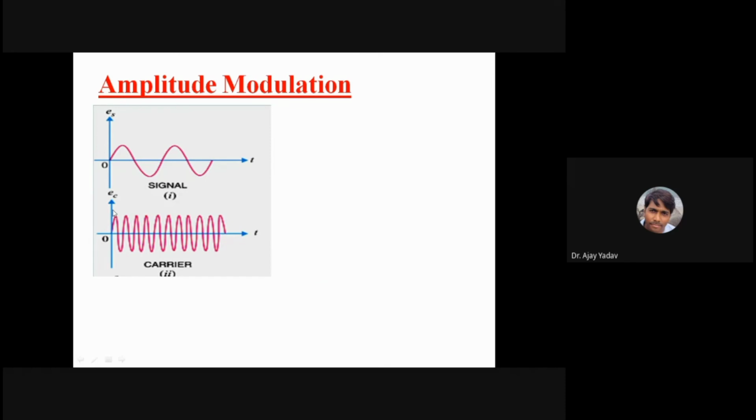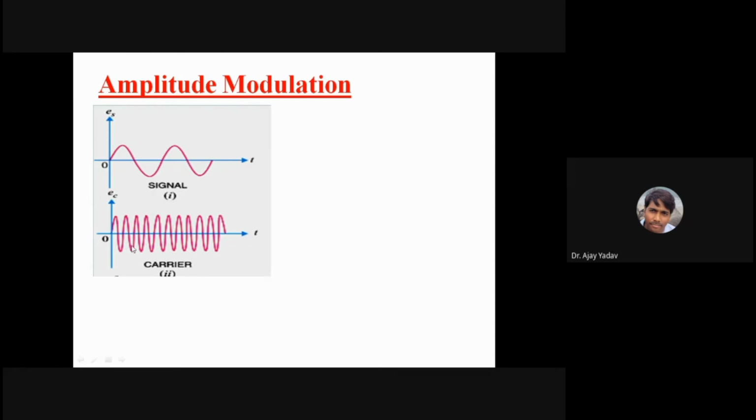Now, the diagram on the lower side, where I'm moving the cursor, is the carrier signal. Can anyone tell me what is the difference between this carrier signal and the data signal? The frequency of the carrier signal is much higher than the information signal. Correct. If you see the signal on the lower side, it is compressed.